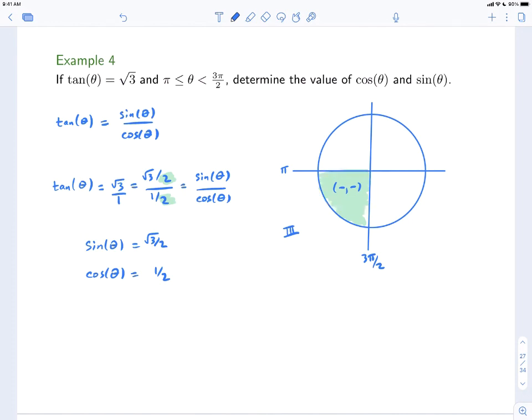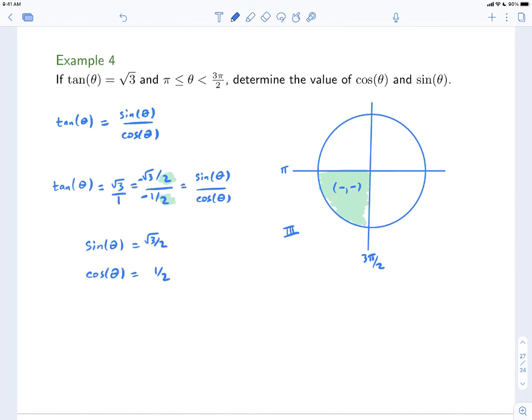So let's just put negatives in front of these. As long as we put a negative in front of both of them, it's fine, because this is the square root of 3 over 2 with a negative in front of it divided by 1/2 with a negative in front of it. So the negatives will cancel, and we'll end up with a positive number. Negative square root of 3 over 2 divided by negative 1/2: the negatives cancel, the 2's cancel, and you just end up with positive square root of 3.